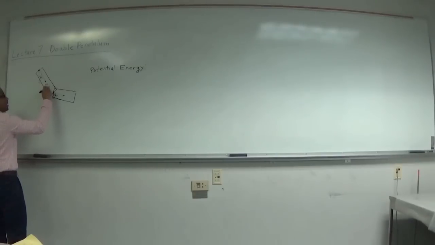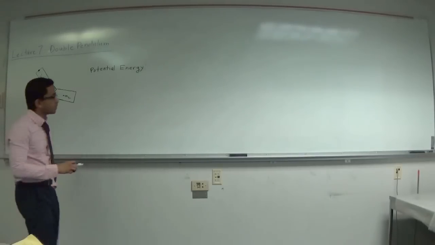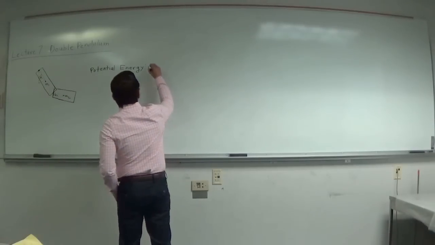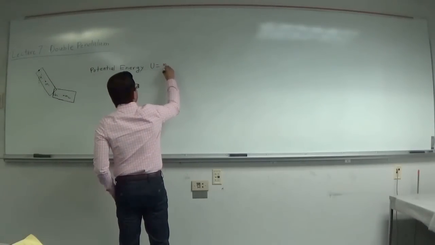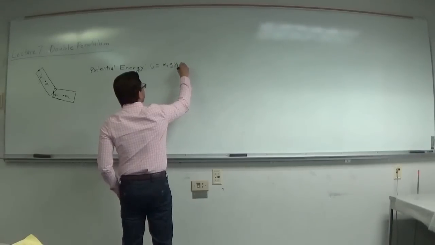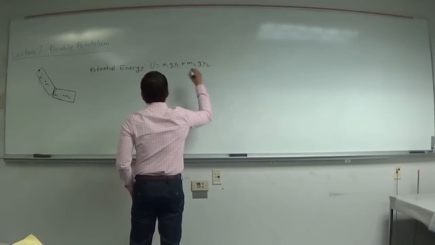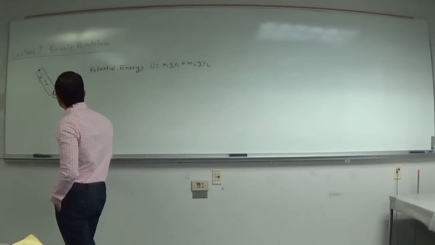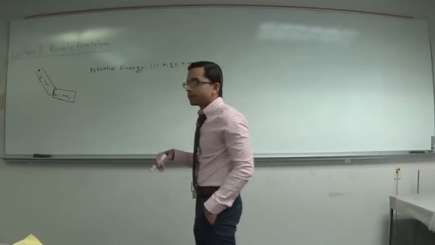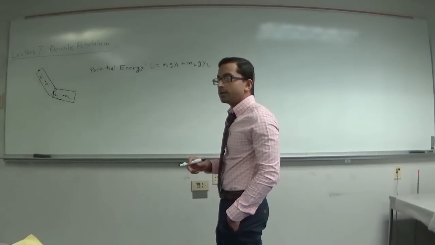This is M1, this is M2. We know the potential energy is just M1 g y1 plus M2 g y2, but now we have to figure out how y1 and y2 change as theta 1 and theta 2 change.